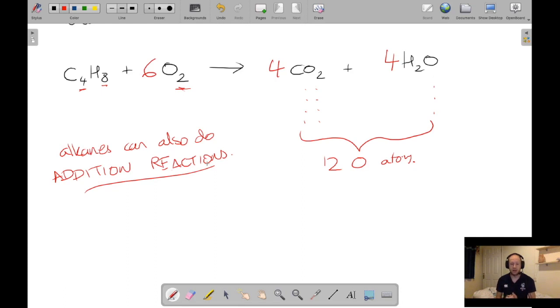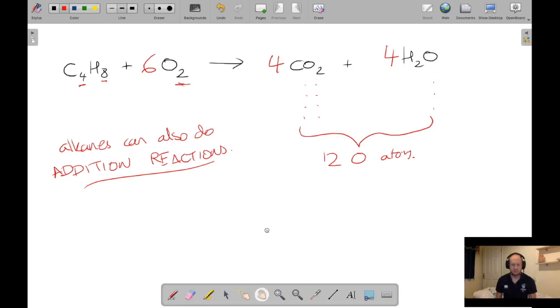We can make alcohol out of ethene by reacting it with water, or we can add halogens to it. It reacts with halogens and makes the color of those halogens disappear to make halogenoalkanes. Let's have a look at both of those reactions.